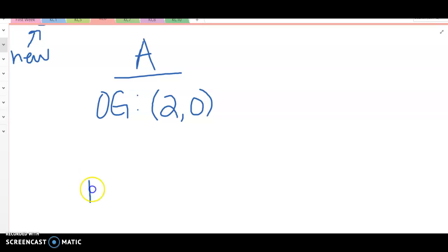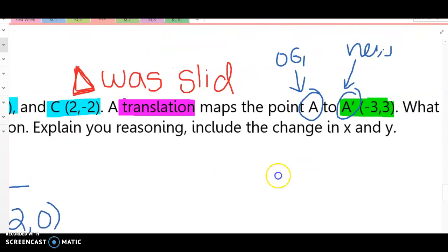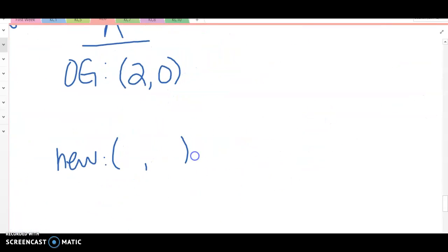Then it told us the new location is -3, 3.